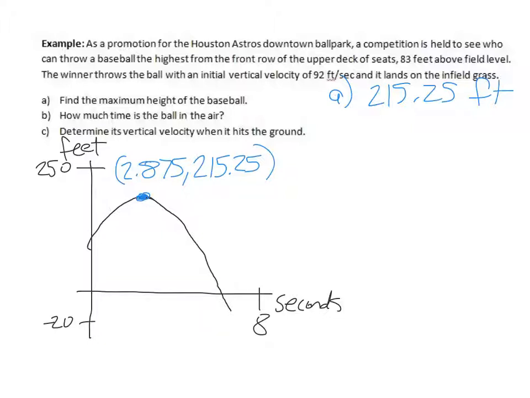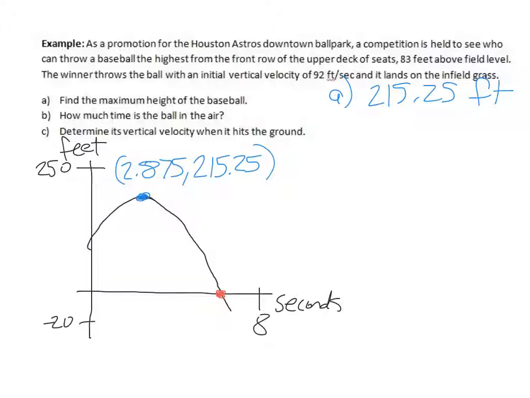Part B asks for how much time was the ball in the air. Well, anytime that our y values are positive, it's in the air. When the y value hits 0, which is right there, now it's going to be on the ground. And really anything beyond that doesn't really fit anymore, so I know I drew a negative part of the graph. Really, that doesn't make sense for the situation. But I am looking for what's going on at that red dot.